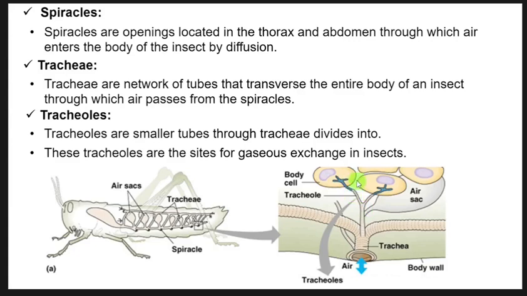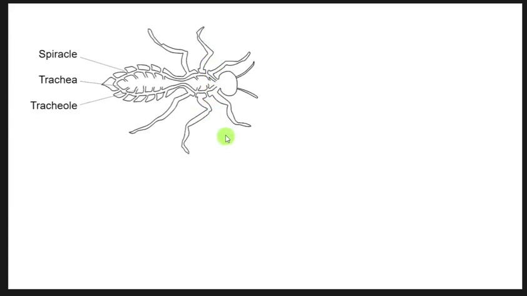All right, so now let's look at how this insect can be presented. Sometimes in an exam, an insect can be brought like this. Maybe it is not labeled, but what you should know is that the first openings here are called the spiracles. Then after the spiracle, there are those tubes passing like that. That one is called the trachea.